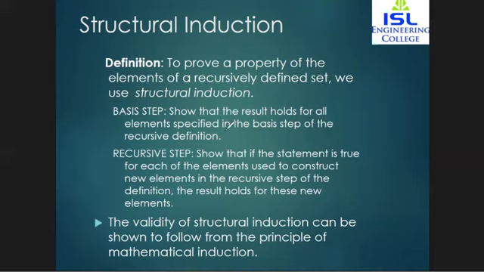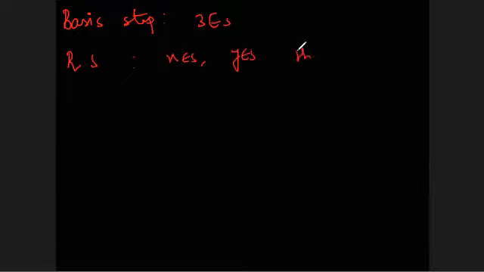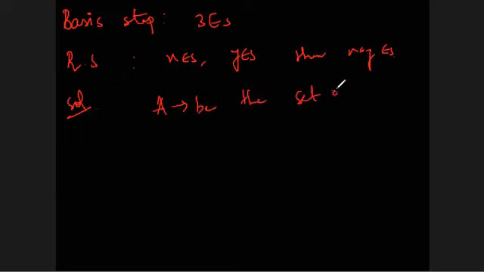So what does this mean? To show that the set S is defined in the earlier example, the first example, if you remember, our set basis step was 3 belongs to S, and then the recursive step was X belongs to S, Y belongs to S, then X plus Y belongs to S. Now for this, we have to show that A is the set of all positive integers divisible by 3.